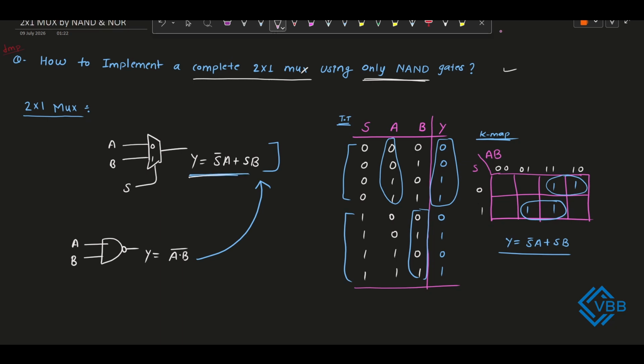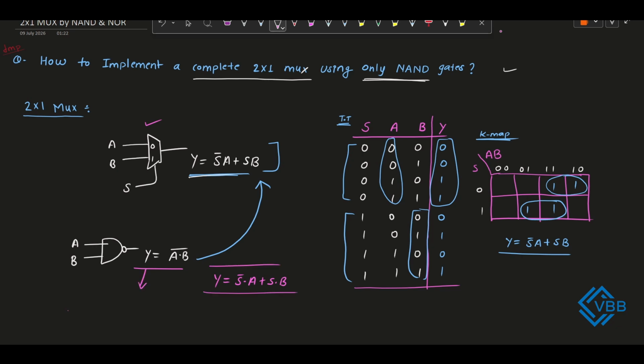For that we first need to observe the output expression of the MUX. The output expression of the MUX is Y equals S complement into A plus S into B. Now if you observe the output expression of the NAND gate as well, there is no plus sign present in it.